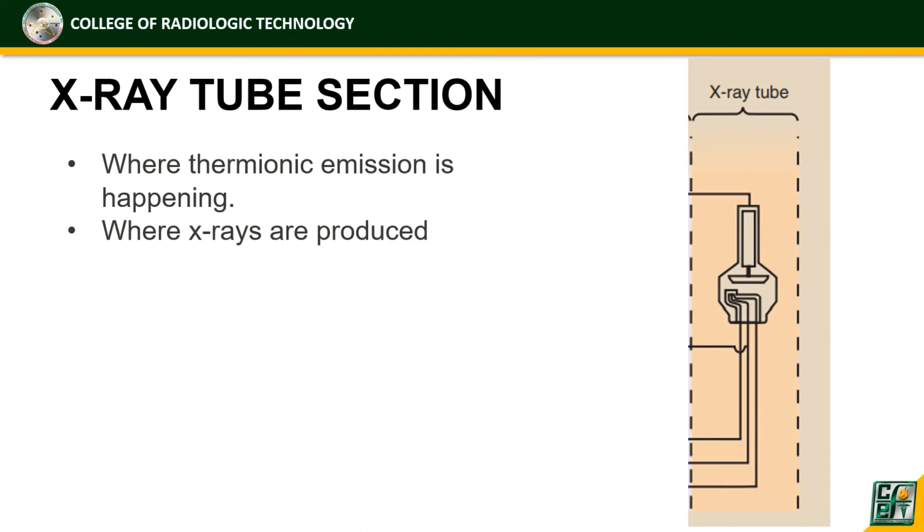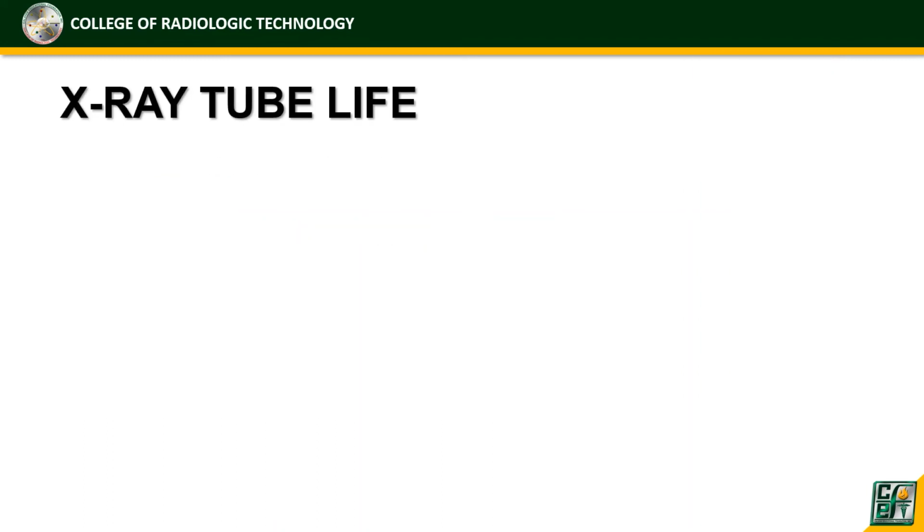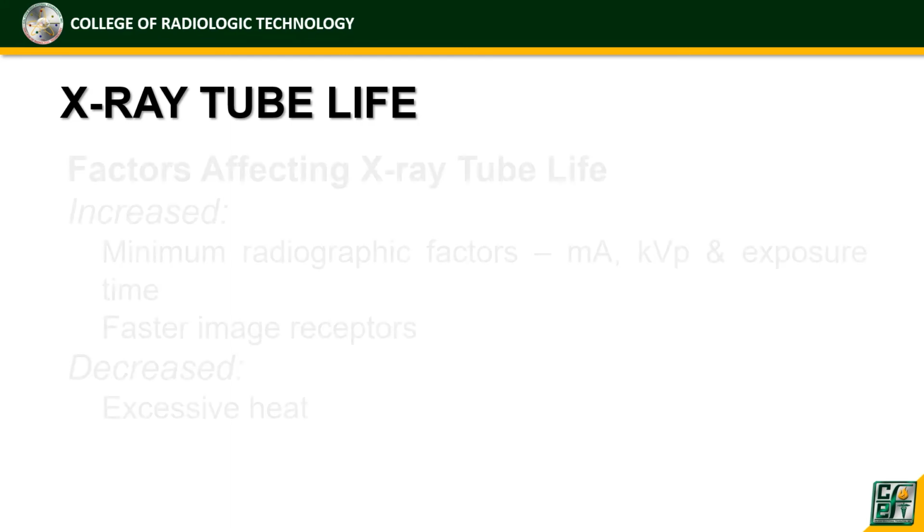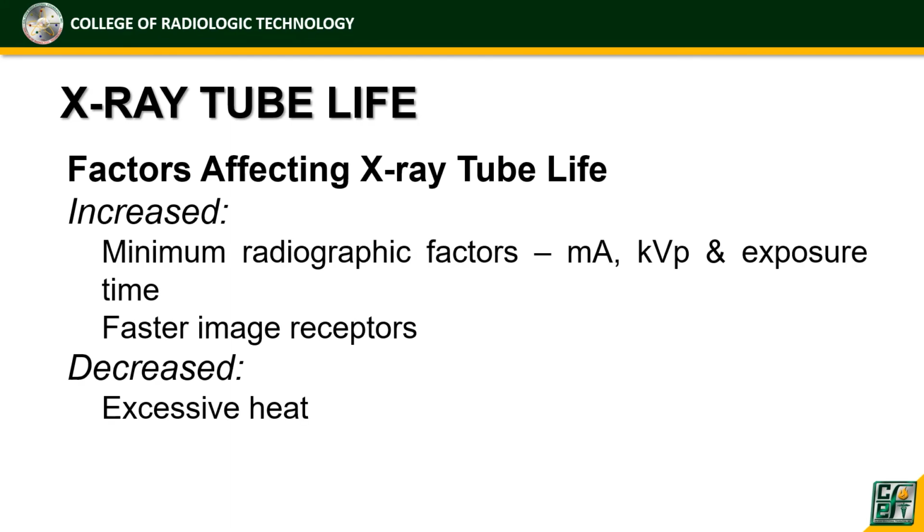Now the last section of the X-ray circuit is the X-ray tube section. It is where the thermionic emission is happening and where the X-rays are produced. Extending X-ray tube life is a must-know for radiologic technologists. There are many factors affecting X-ray tube life.